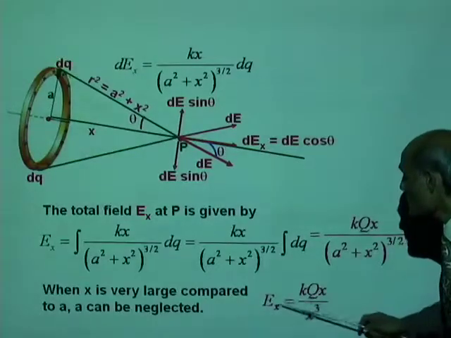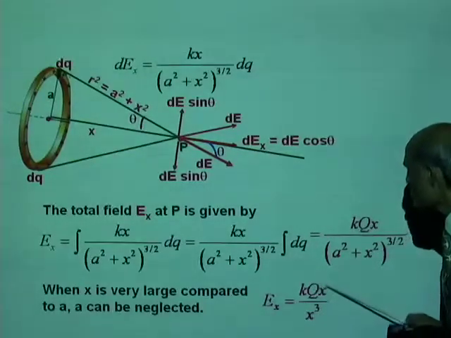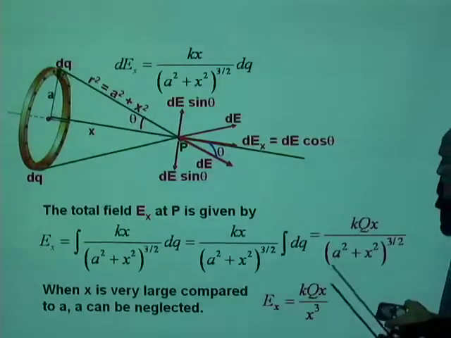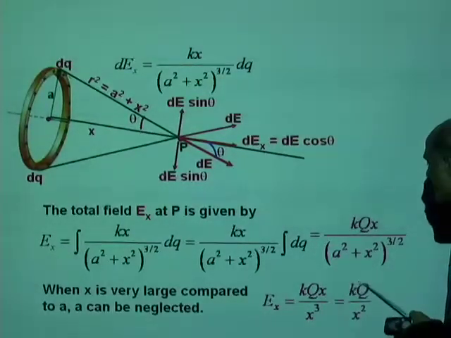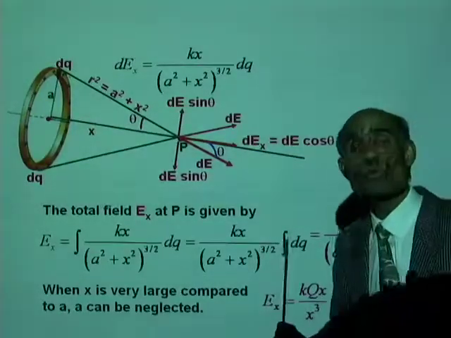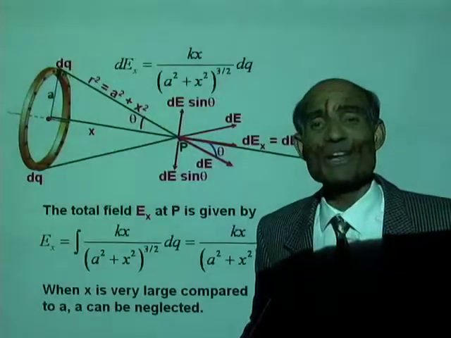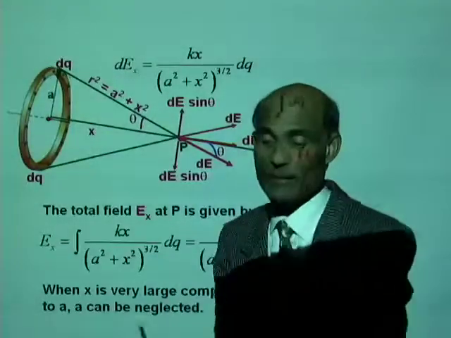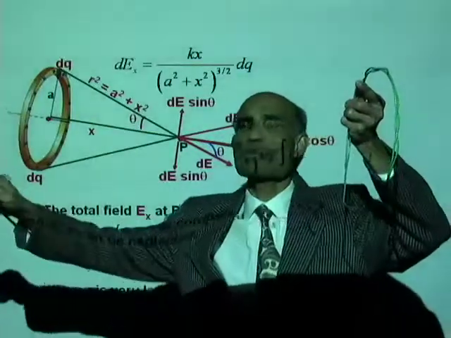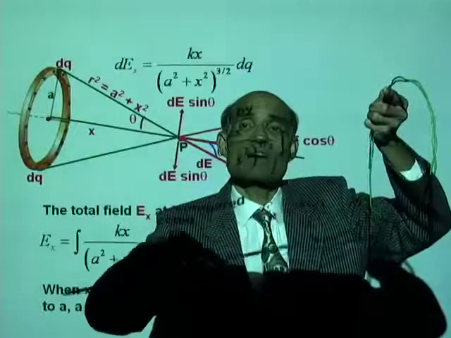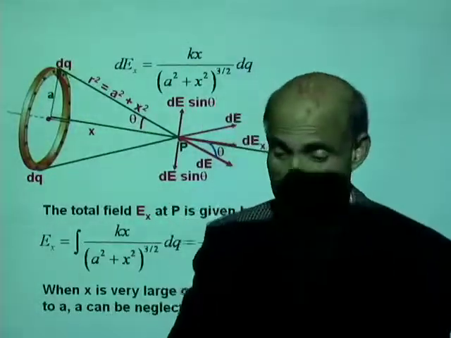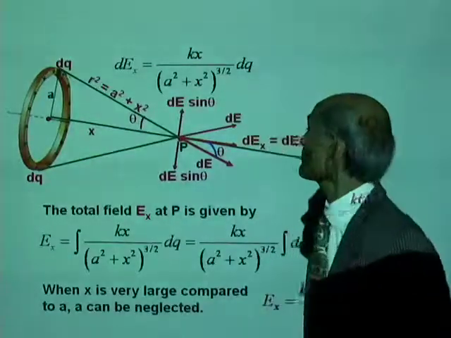It will come to Ex equal to kqx over x cubed, because this quantity will become x cubed. And that will be kq divided by x squared, the same old formula that we derived earlier. In other words, when you take a point that is very far from the ring, the charge carried by the ring can be considered to be a point charge. That is what it means.